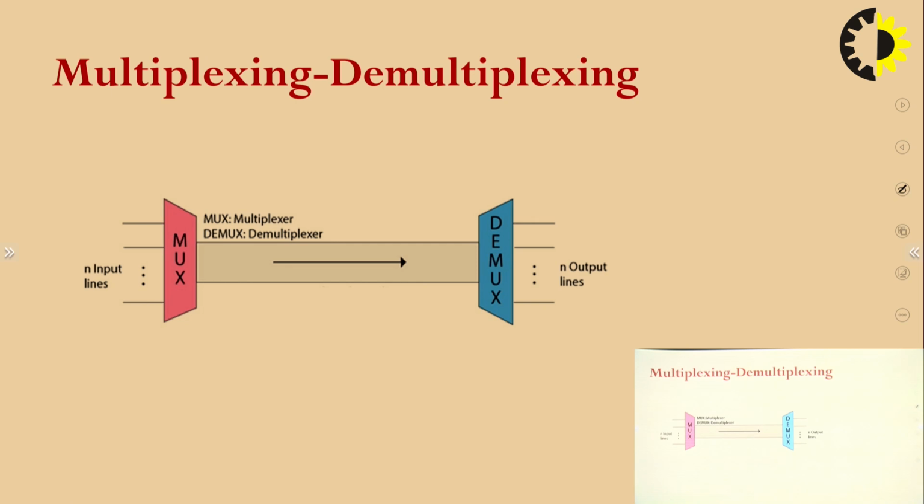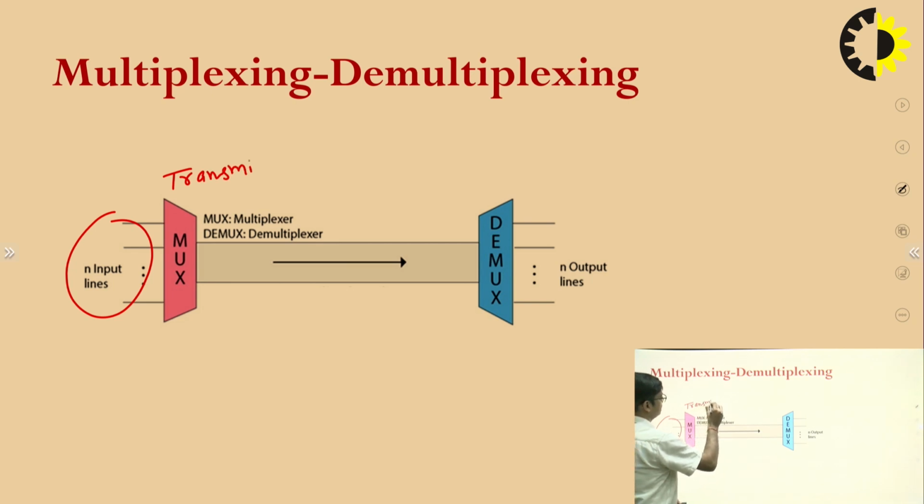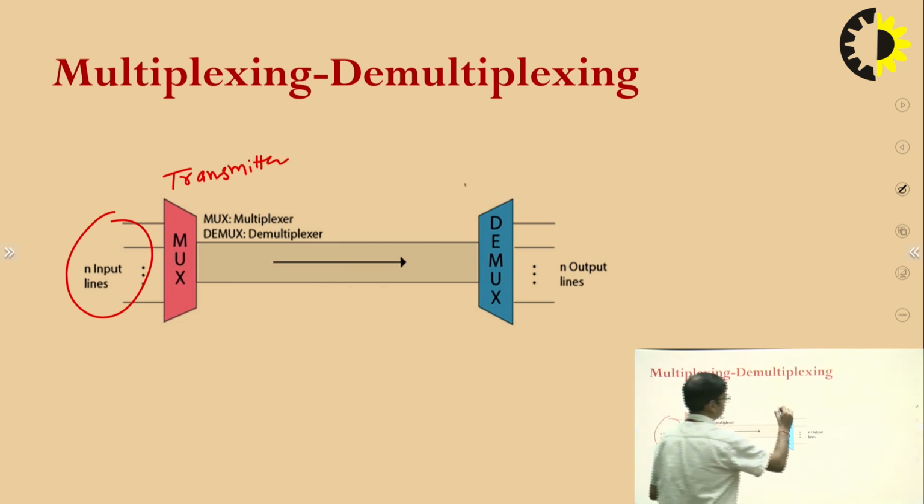This is a block diagram of multiplexing and demultiplexing. At the transmitter end we have n input lines, then the multiplexer combines these n inputs on a single channel. This is our transmitter end, and this is our receiver end.